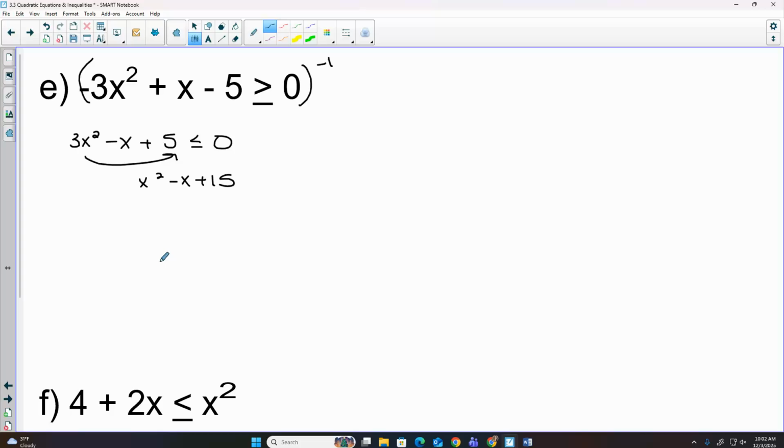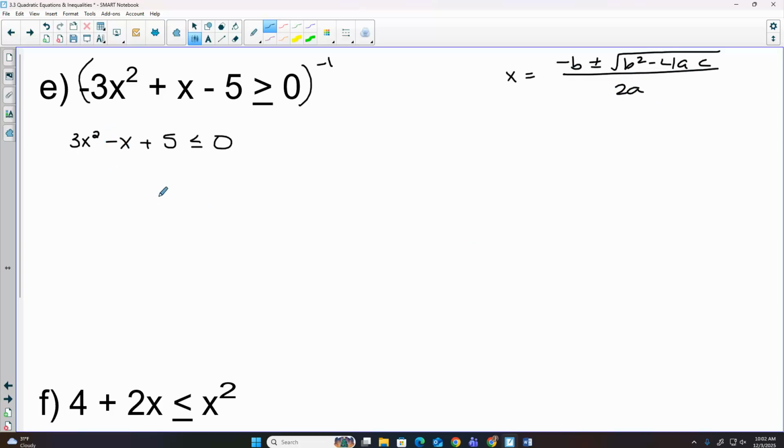Nothing? Yeah. So what do we do if you can't slip and slide? Quadratic formula. Let's try that. All right, so quadratic formula, opposite of b plus or minus the square root of b squared minus 4ac all over 2a.